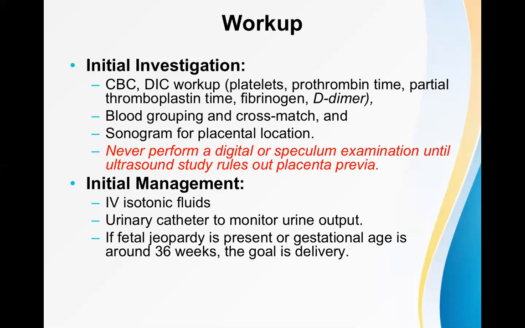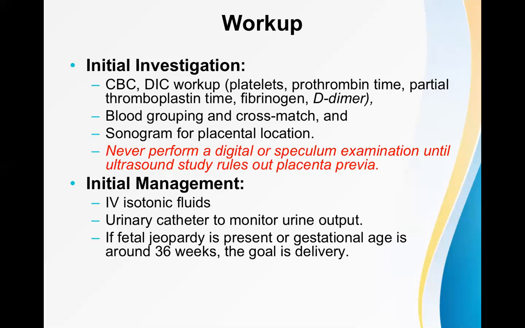Now see here, cross matching means, for example, that lady has presented with bleeding. This is a late pregnancy bleeding. Now we think she needs blood transfusion, but which blood group is appropriate for her? So what we do, we find a donor.